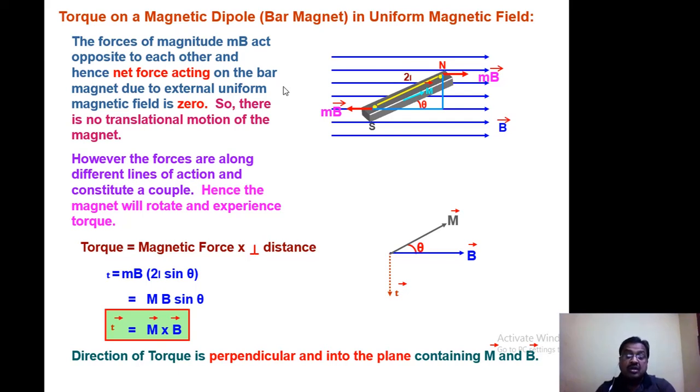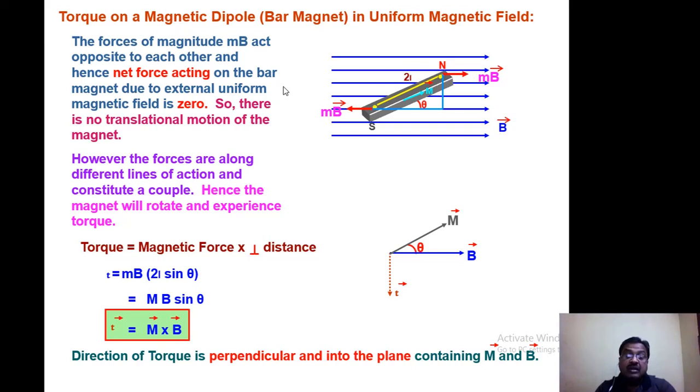Its direction is given by the rules of cross product, and is definitely perpendicular to the plane containing M and B. Also we may be asked a problem, where theta may be given, M may be given, B may be given.